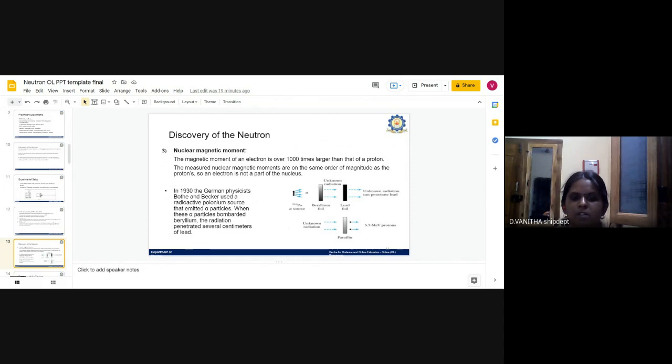By the experiments of Bothe and Becker, the radioactive polonium source emitted alpha particles. When these alpha particles bombard the beryllium, the radiations penetrate through up to several centimeters of lead foil.